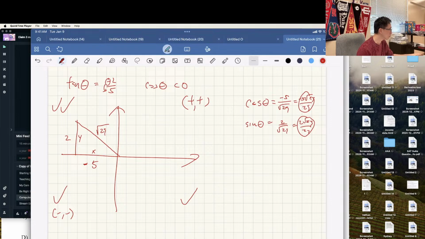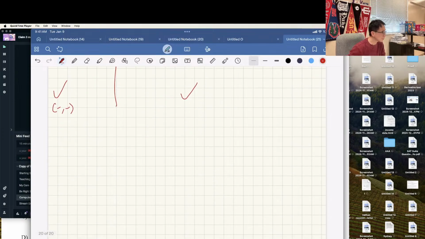He's just saying that if one of them is negative and one is positive, the sign is going to be negative. But if it's negative and negative, that cancels out and makes it positive. Positive and positive is positive. This is something that's going to help you on the SAT.